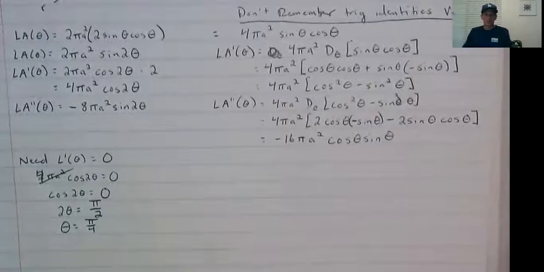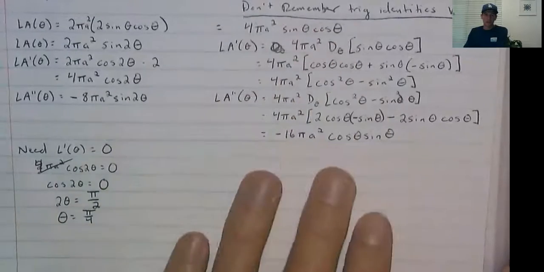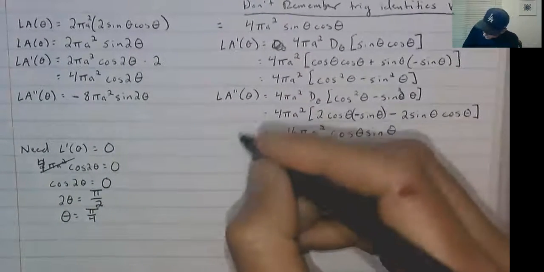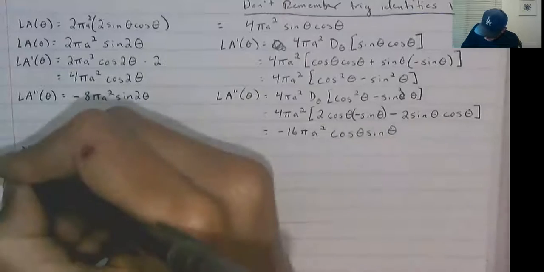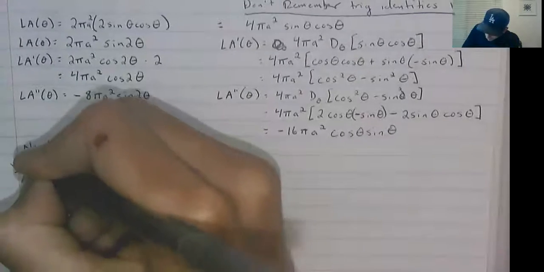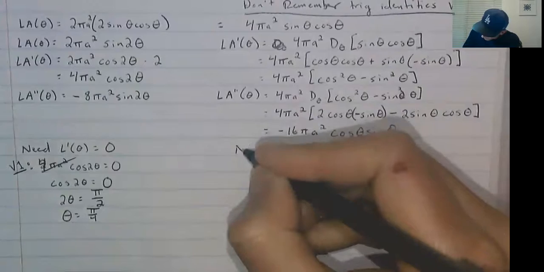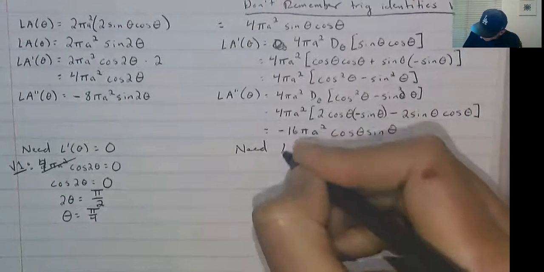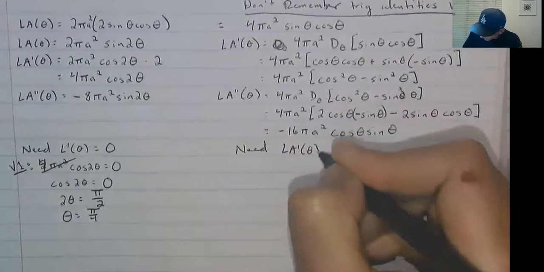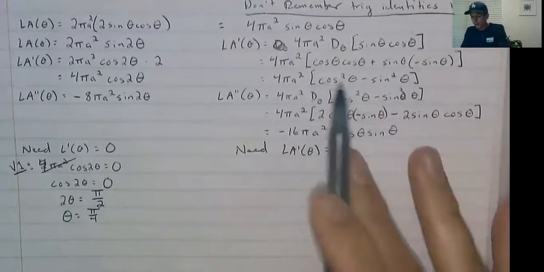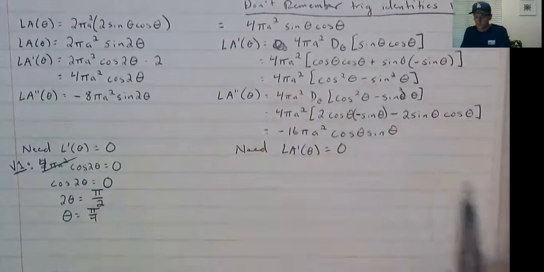Okay, so we still need in this alternate version of events, version 2 we'll call it, because that was version 1, we still need A prime of theta equals 0, but now the first derivative is this nasty guy.